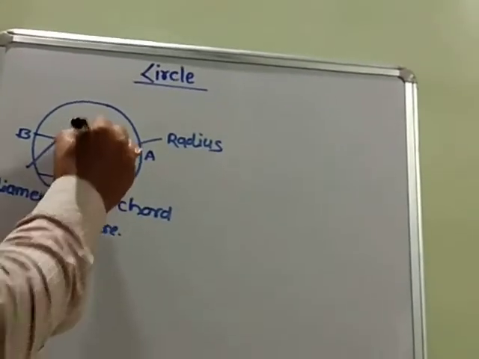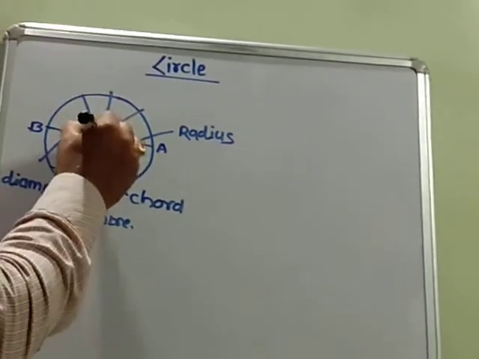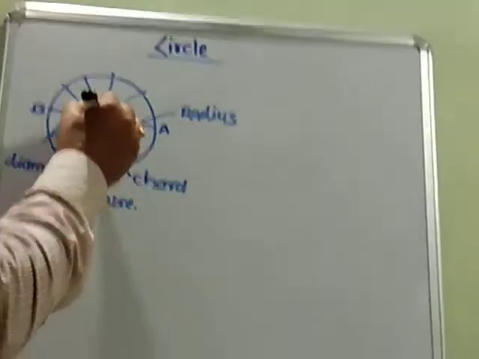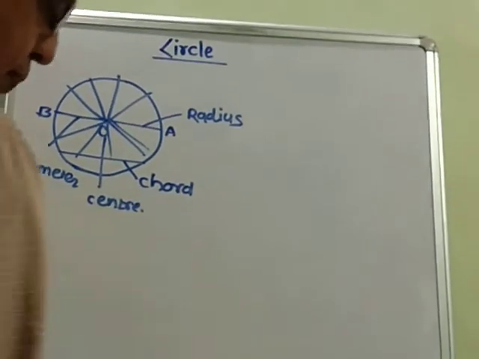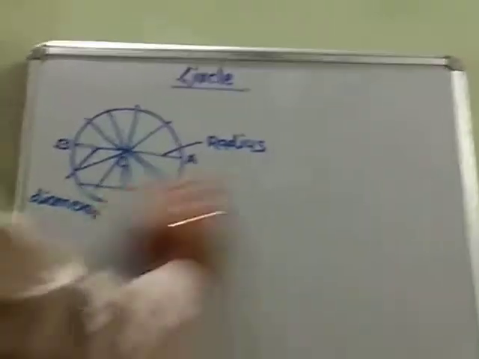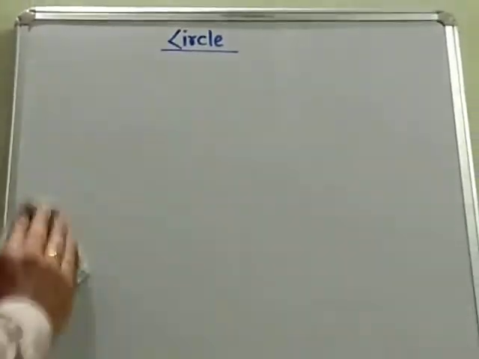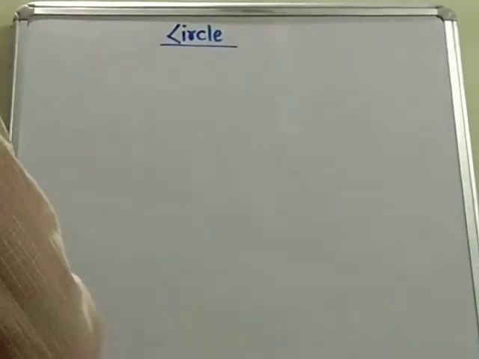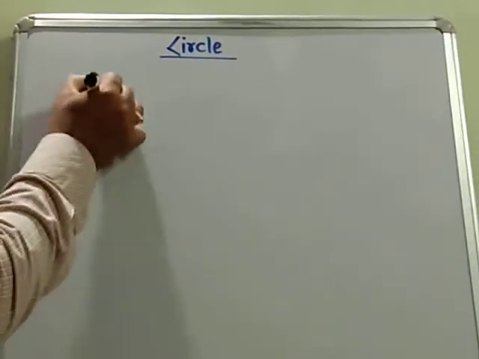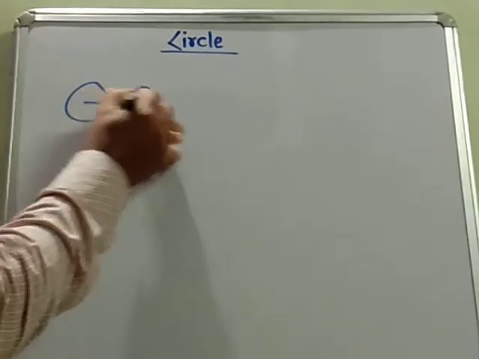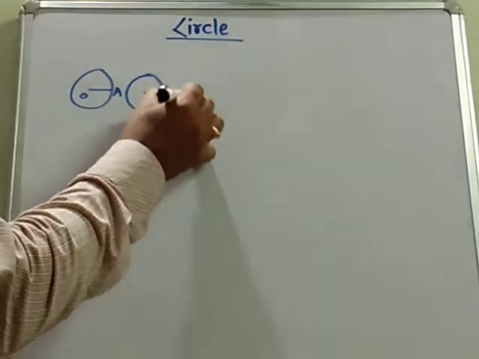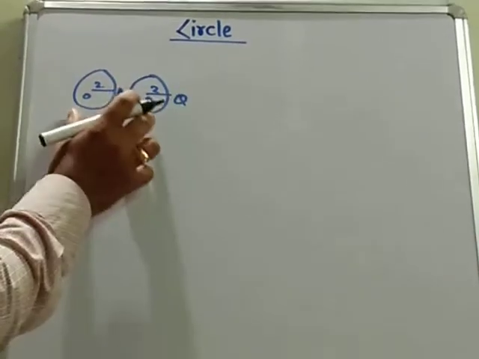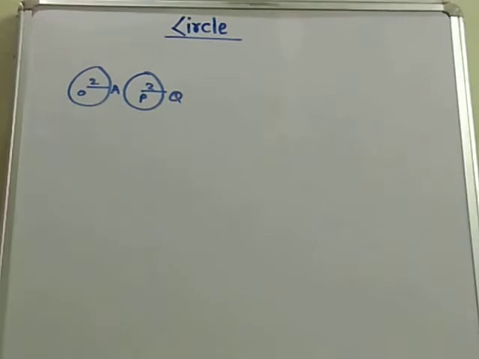You can draw many radii from the center of the circle. Now we saw these concepts in the previous standards. Also we saw congruent circles. Congruent circles means circles having the same radius, OA and PQ, 2 cm, 2 cm. Then two circles are congruent.